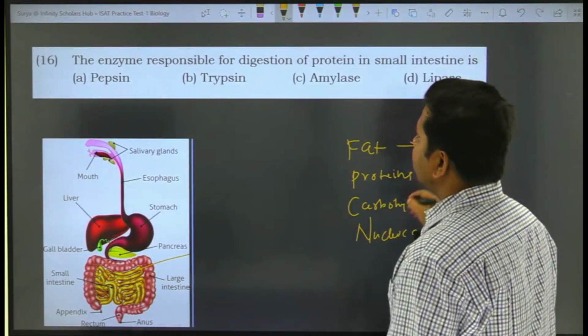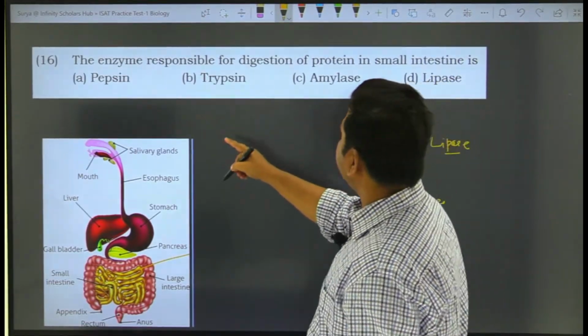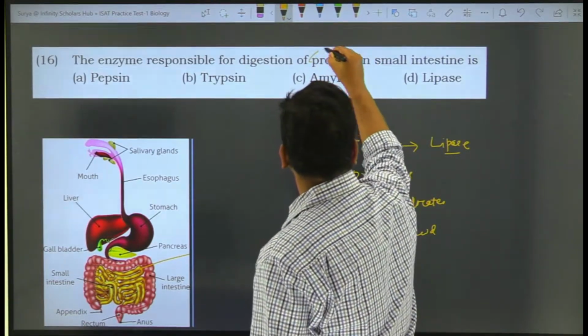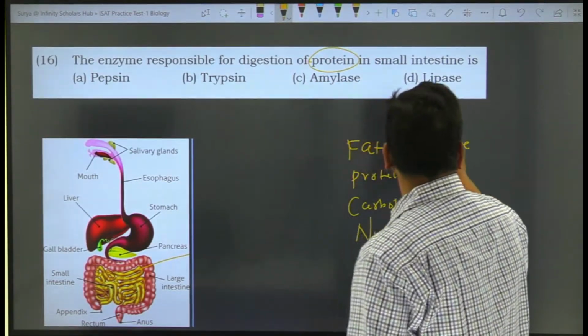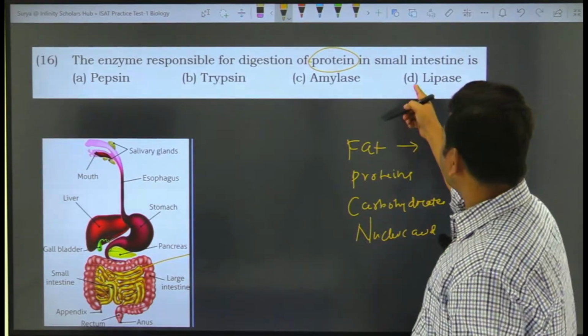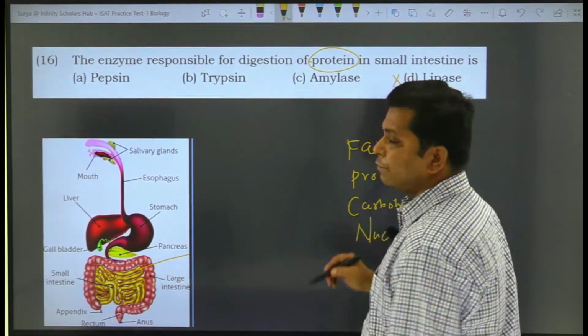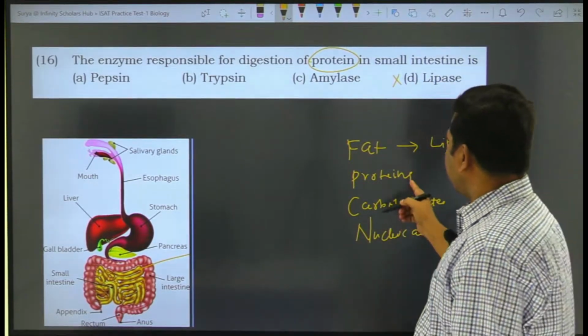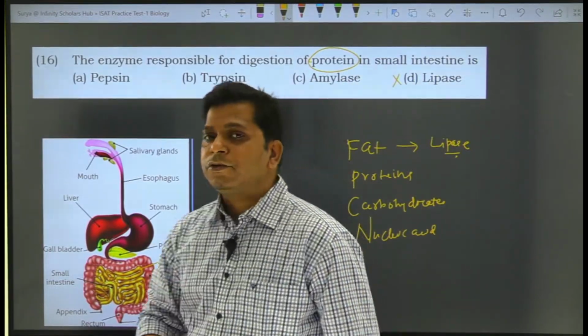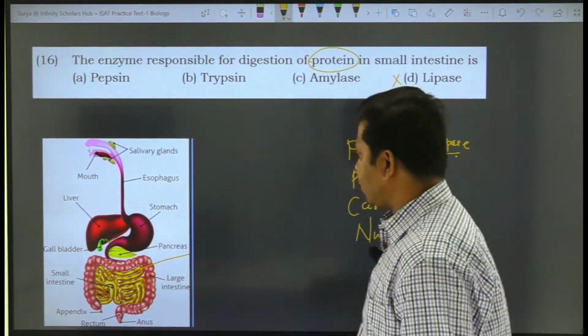We are talking about the enzyme responsible for digestion of protein. Therefore, fat is digested by lipase, so this option is going to be cancelled. Proteins are digested in the digestive system by two different enzymes.